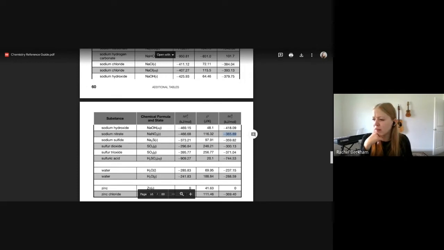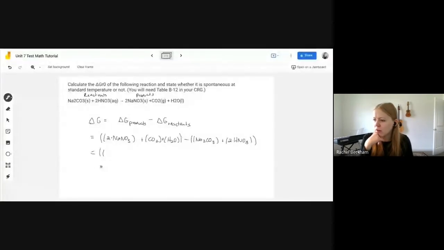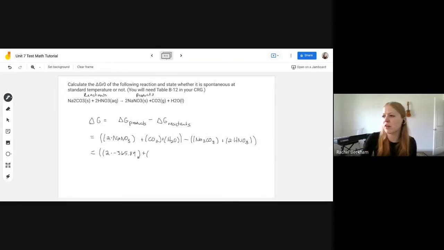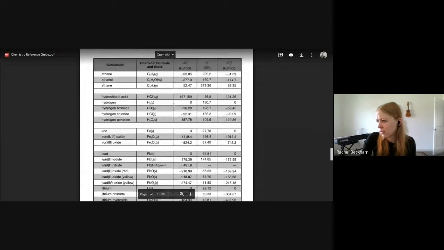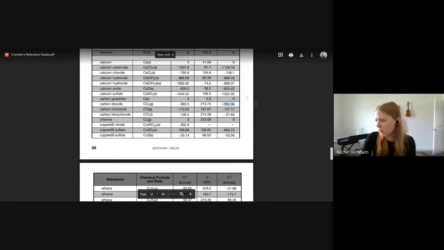Remember, you have to do the delta G value for it. So 2 times negative 365.89 plus, and now we need to do the carbon dioxide. Negative 394.36.